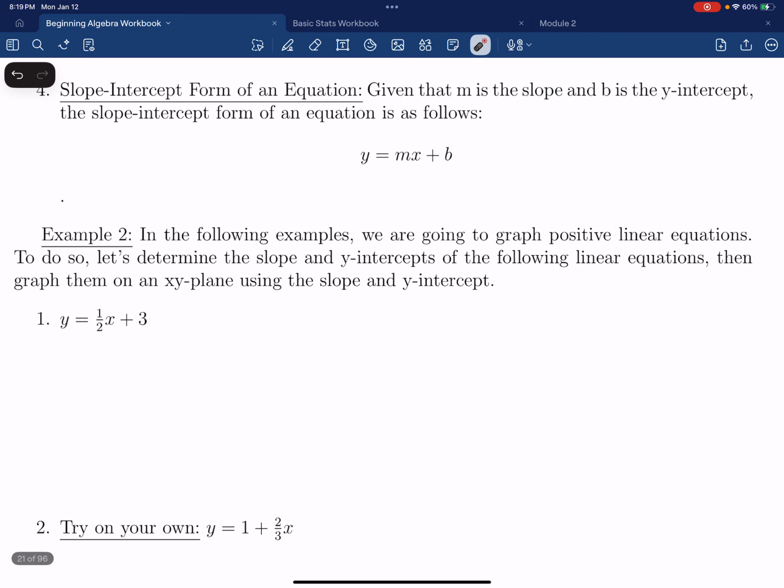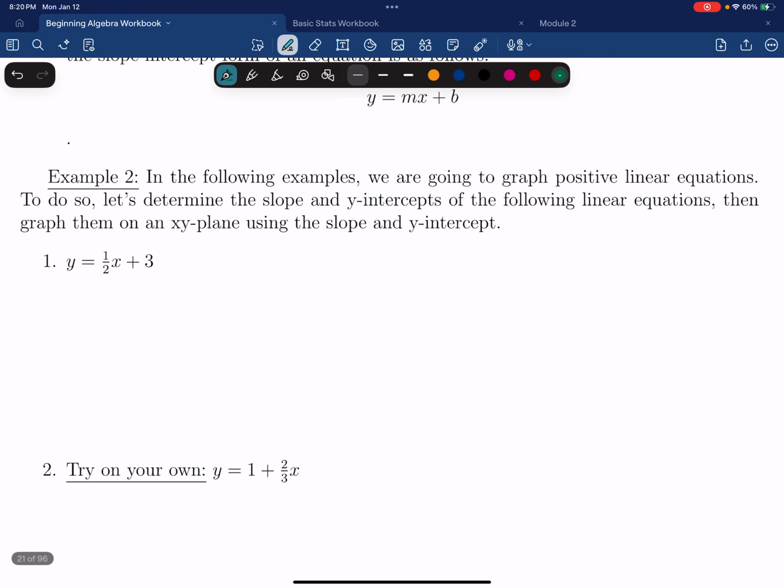In the following examples, we are going to graph linear equations. To do so, we need to determine the slope and the y-intercept of the following linear equations. Then, once we have that, we're going to graph them on the xy plane using the slope that we found and our y-intercept.